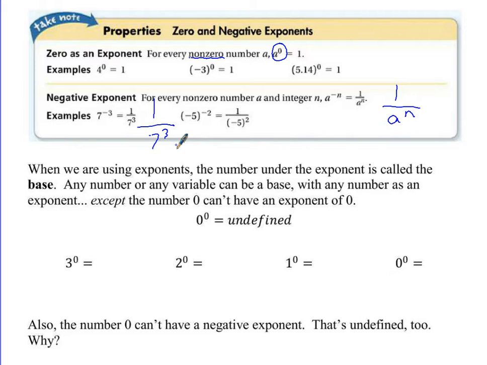For right now, you need to know that that is a rule. If I have negative 5 to the negative second power, notice how they have parentheses around that. That means I take 1 over this thing, negative 5, in parentheses, and then that negative 2 becomes what? Positive 2. Once I've done that rule, the exponent becomes positive again.